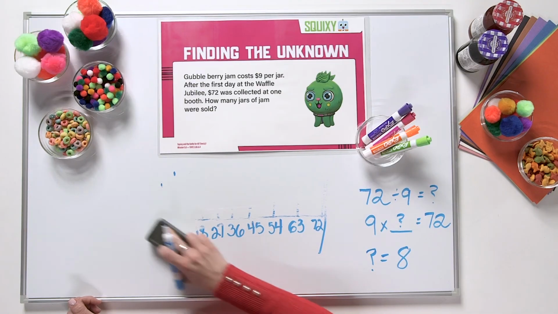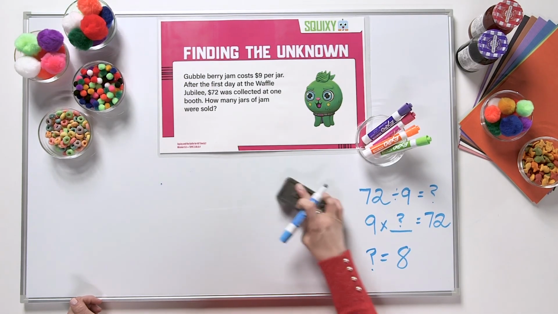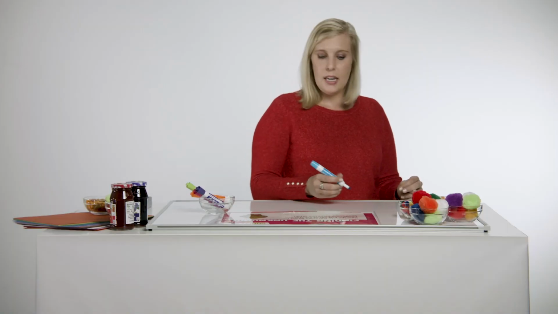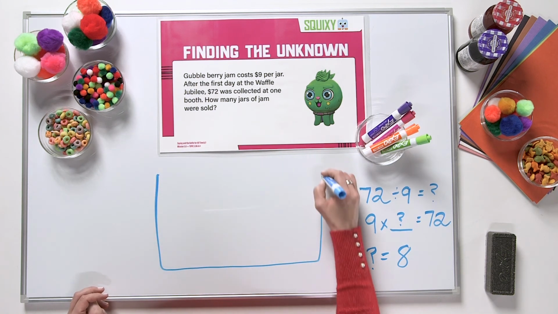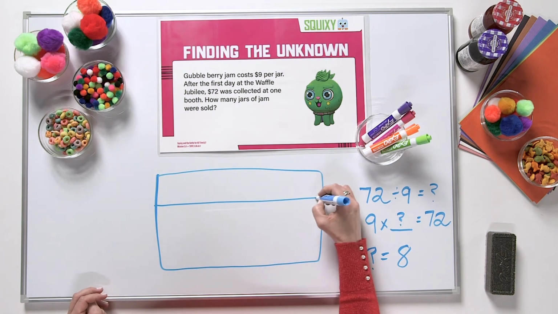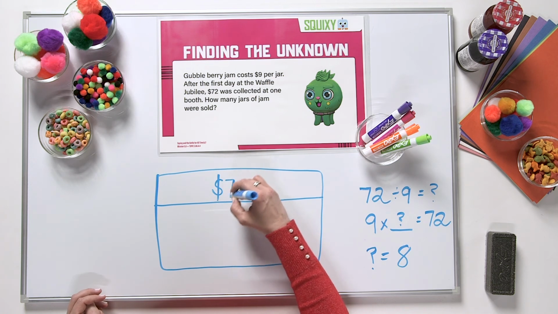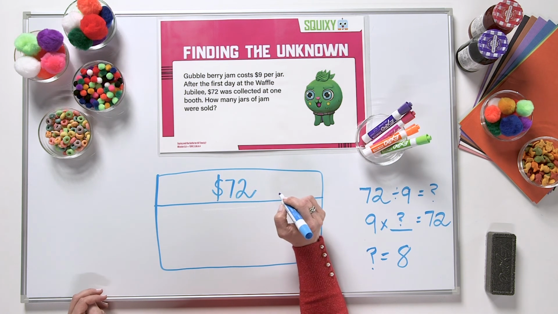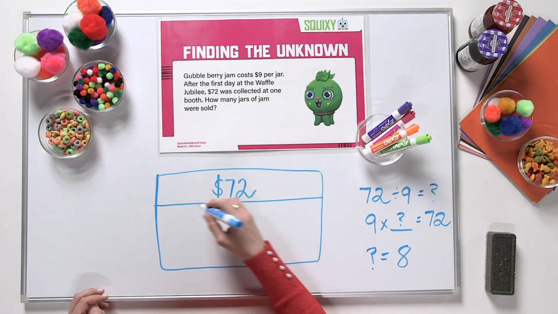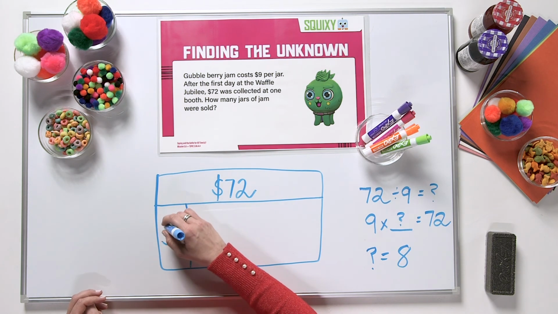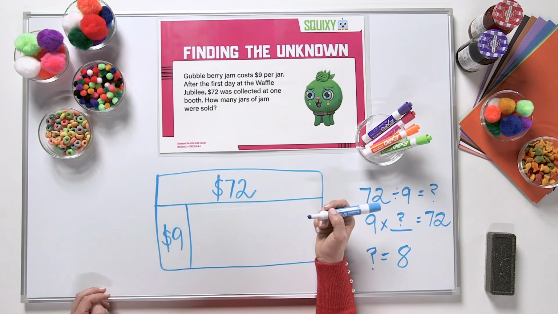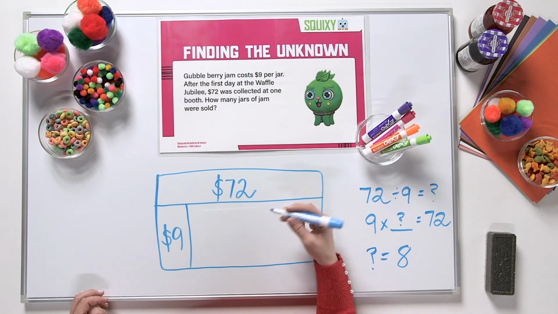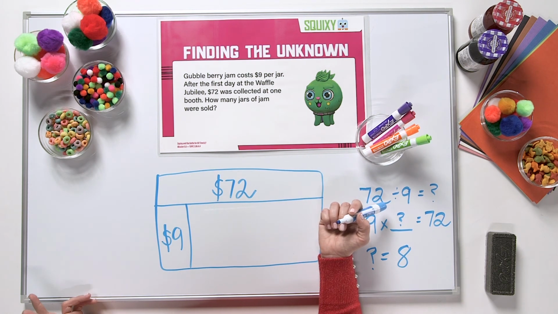Let's relate it back to the bar model. The original bar model looked just like this. The whole number was 72 because that was the total amount of money collected at the Jubilee. Each jar of jam cost $9. We didn't know how many jars were purchased, so this part was a big fat question mark.